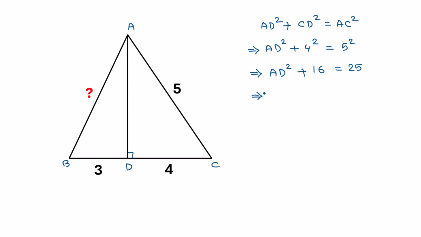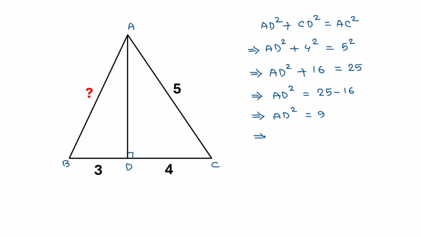Or taking this 16 to the right side, we can write AD square is equal to 25 minus 16. Or this left side AD square, this will be 25 minus 16, this is 9.